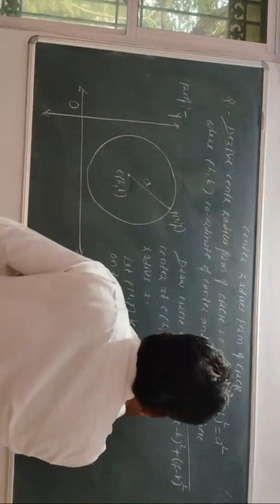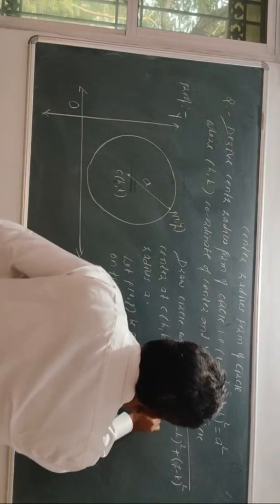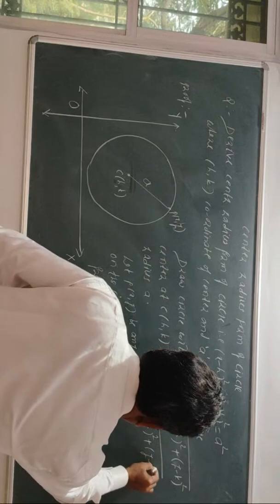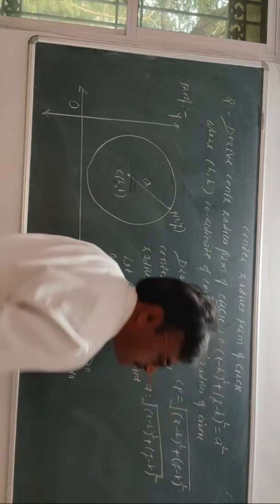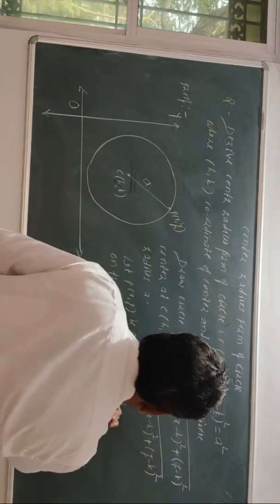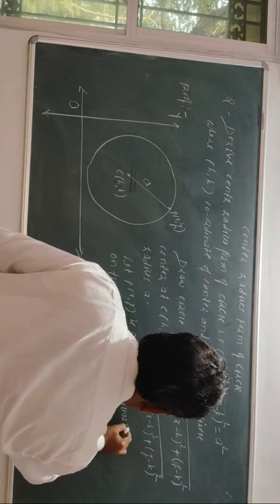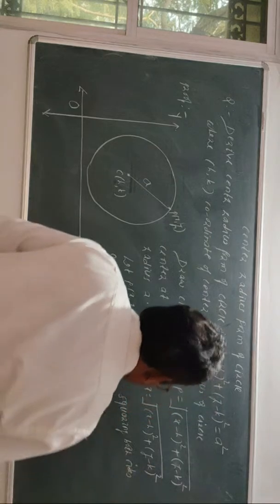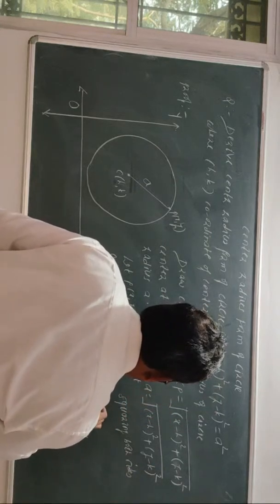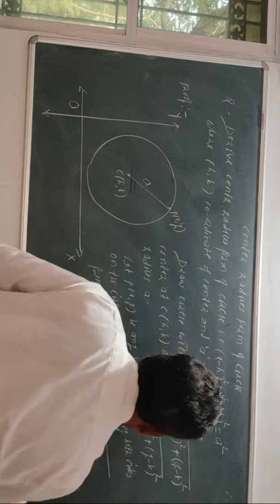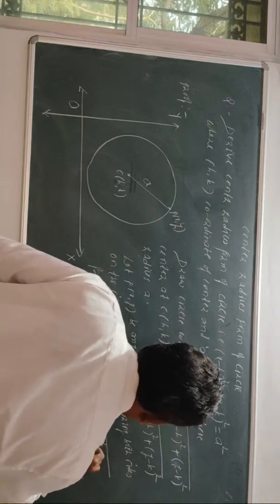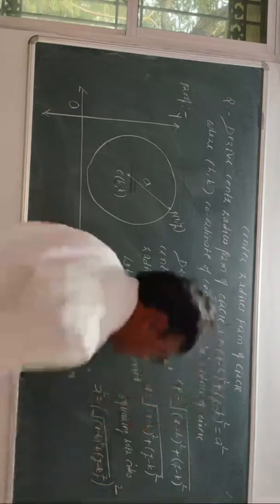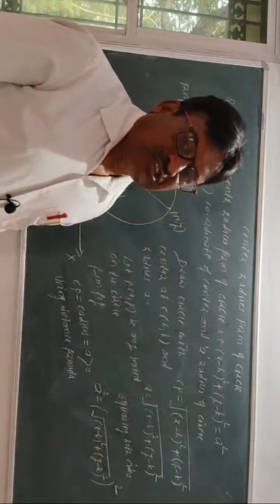So a is equal to under root x minus h whole square plus y minus k whole square. Then squaring both sides, a square is equal to x minus h whole square plus y minus k whole square under the root, squaring both sides.